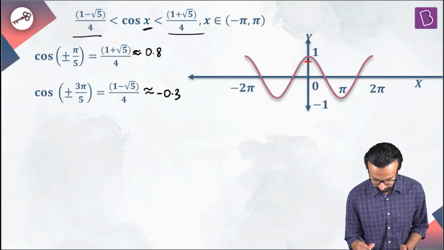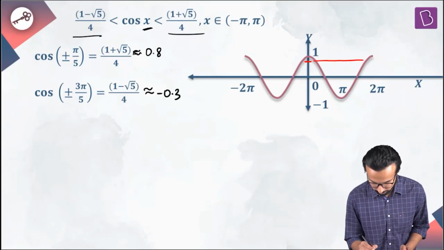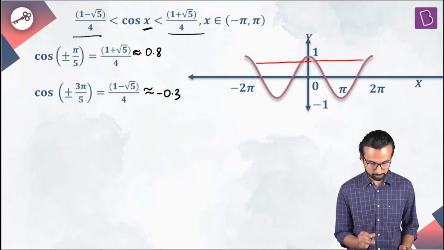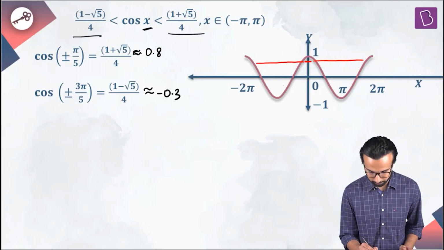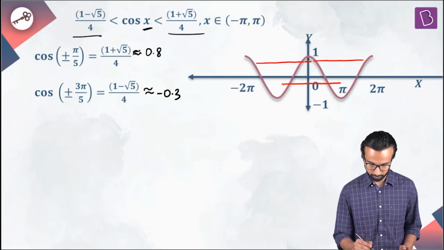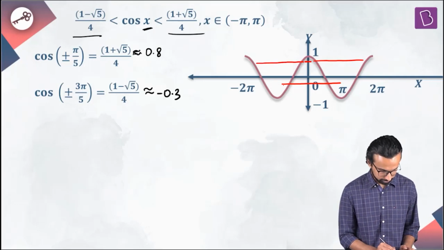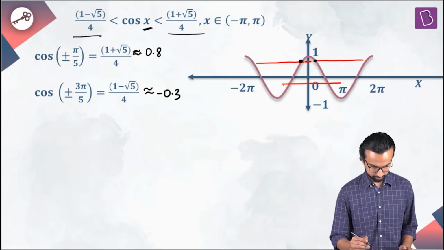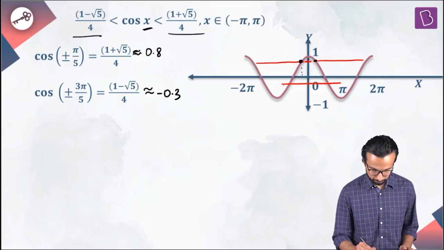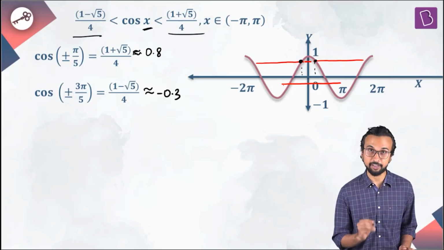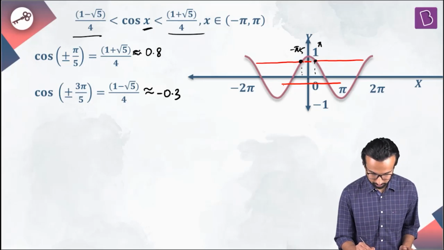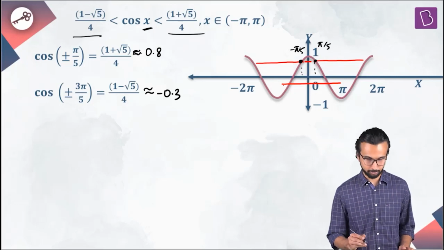So let's draw the two values. y equal to 0.8. That gives me my first set of values here. y equal to minus 0.3 should be somewhere here. Here I can say that this value 0.8 is nothing but plus or minus π/5. So this is π/5 here, minus π/5 here.